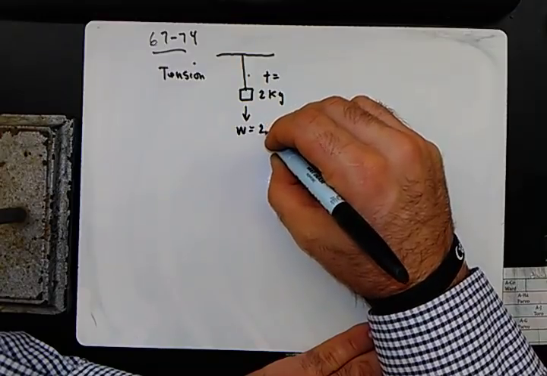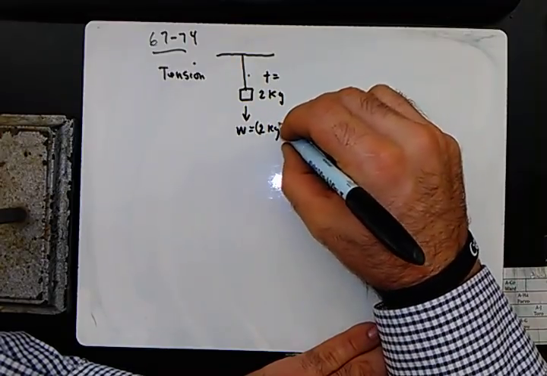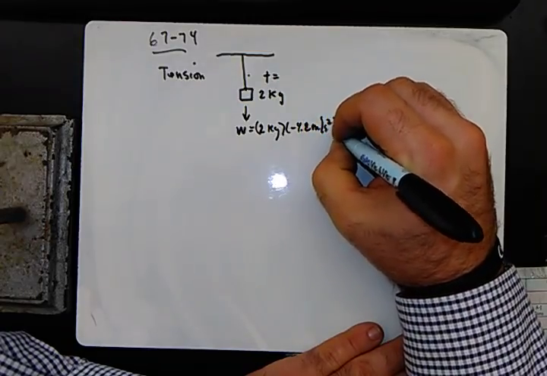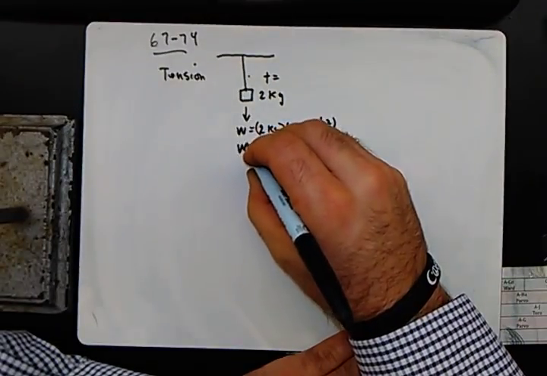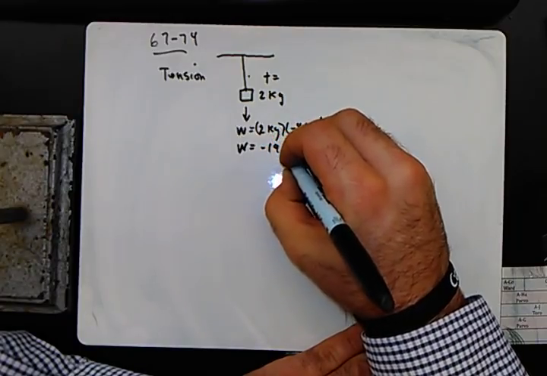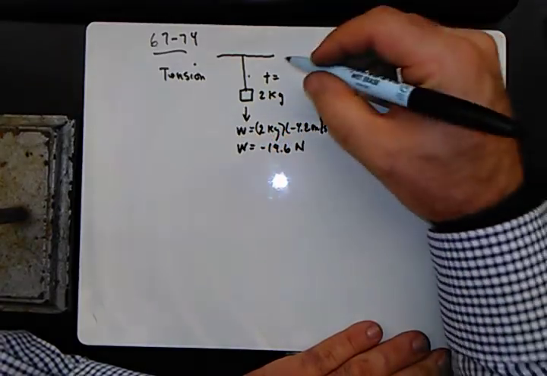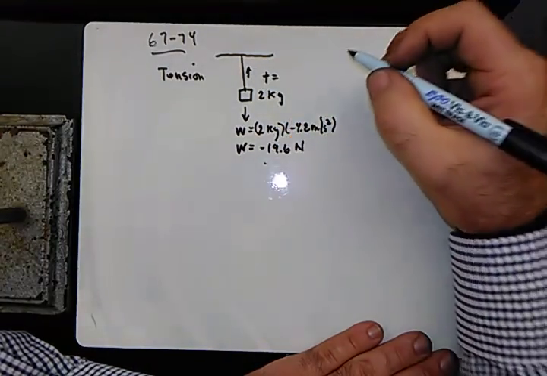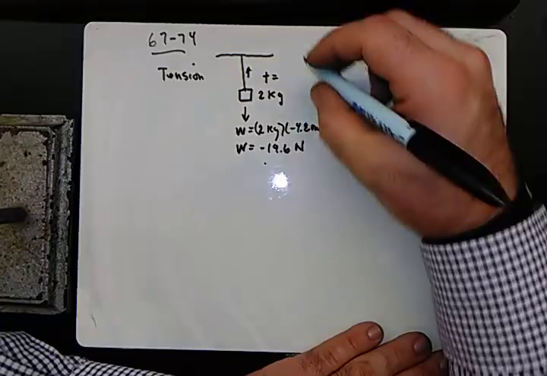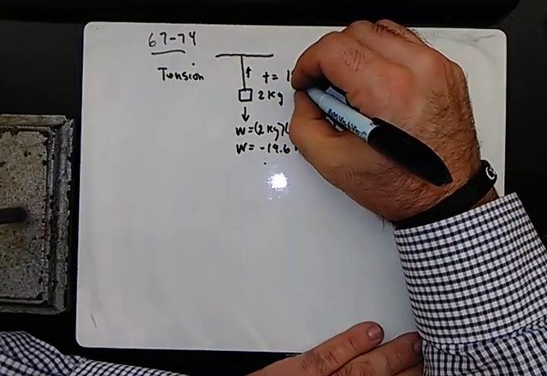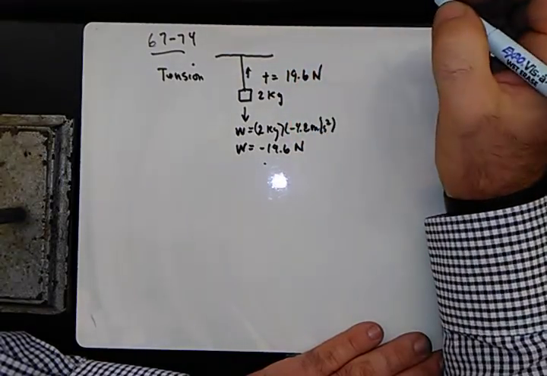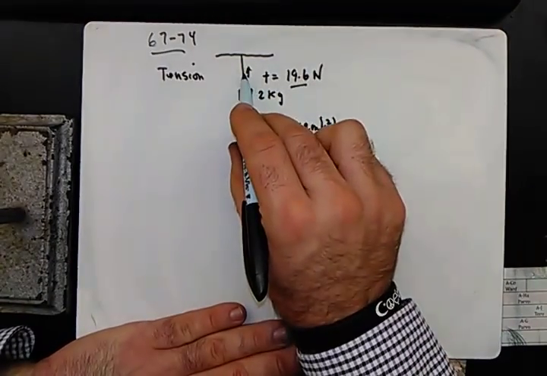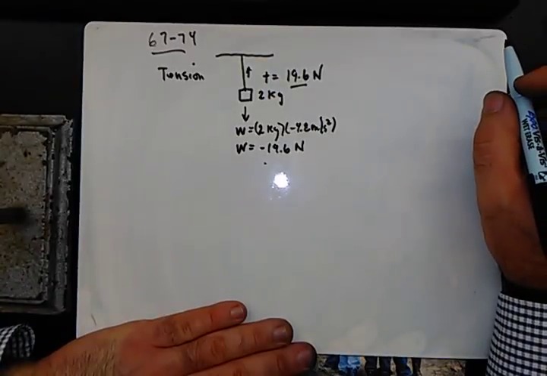Weight is mass times gravity. What kind of tension do you have? Well, the tension is going up. Weight is going down, so tension is the opposite of weight in this situation. So it's 19.6 newtons.